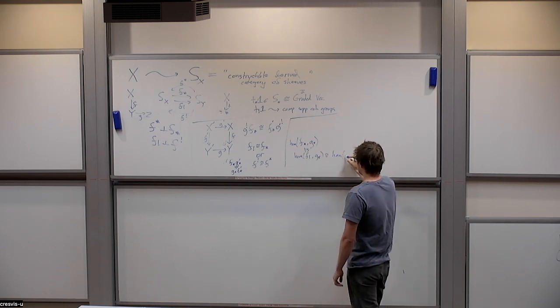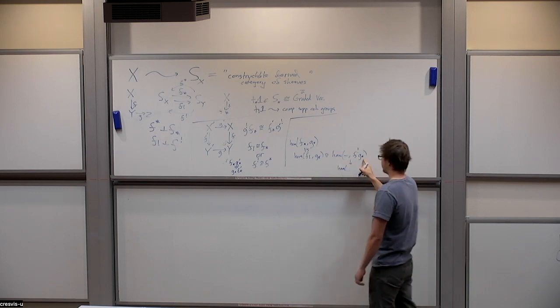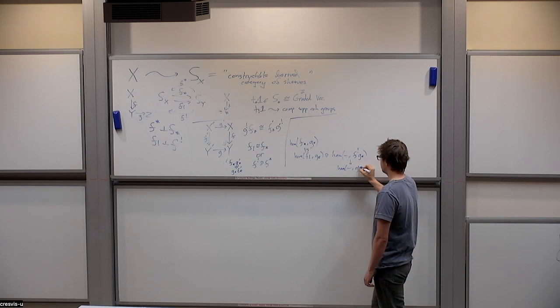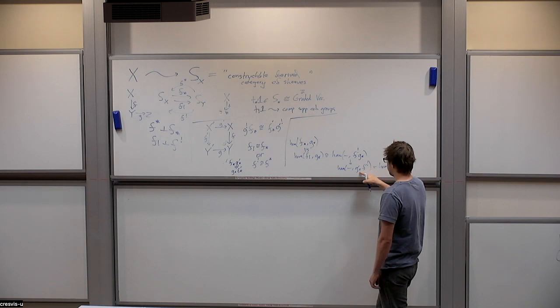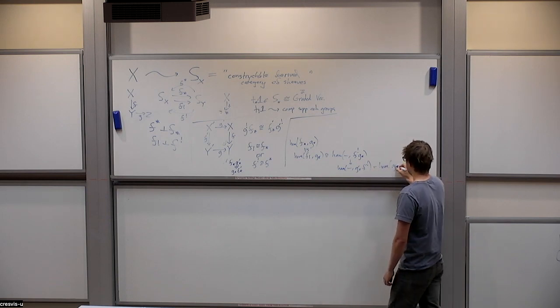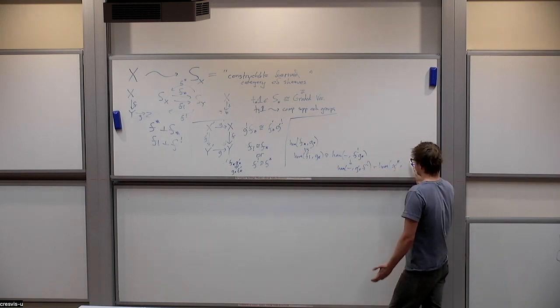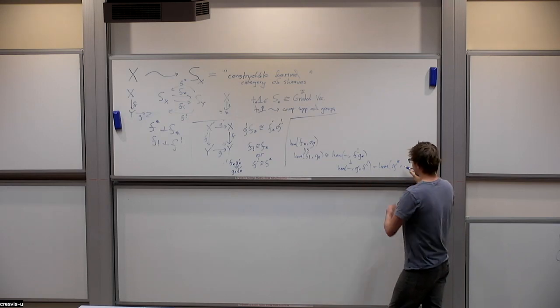By adjunction, this is G star. And then by base change, we can swap the order. Shriek. And then maybe we pull that back over. So this is some isomorphism that you could do, which is just an isomorphism.